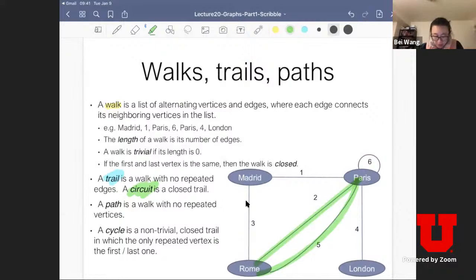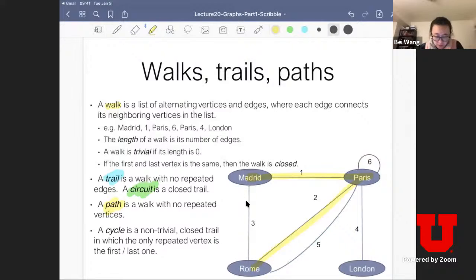The next concept is a path. A path is a walk with no repeating vertices. For example, if I go from Madrid to Paris and to Rome, that is a path because we only visited each vertex once.